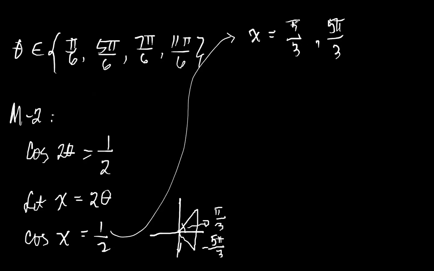Okay, but we knew that the value of x is equal to 2 theta, so we could substitute: 2 theta equals pi over 3, and the other one is 2 theta equals 5 pi over 3. All right?